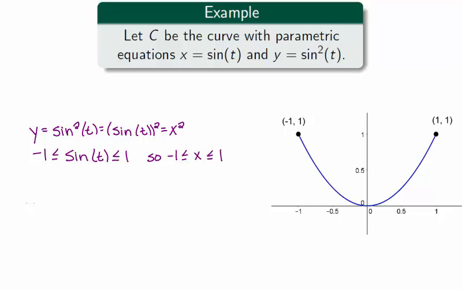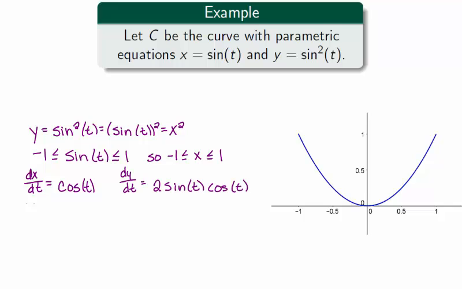But how is C traced out? Notice that negative infinity is less than t is less than infinity. So as t varies, the particle is moving up and down this piece of the parabola in a pendulum-like motion. We now compute dx/dt is equal to cosine of t, and dy/dt is equal to 2 sine of t times cosine of t.